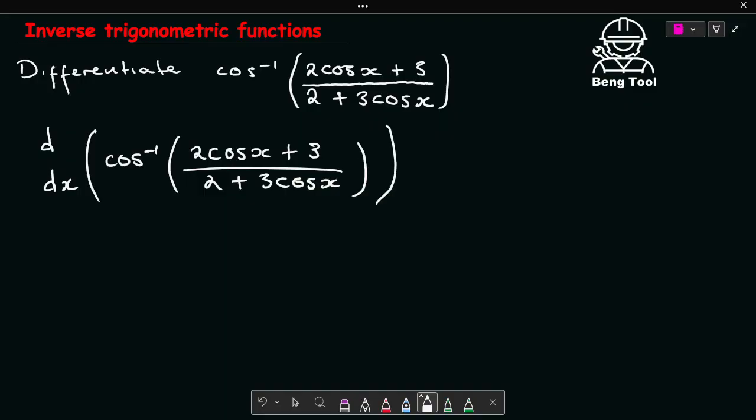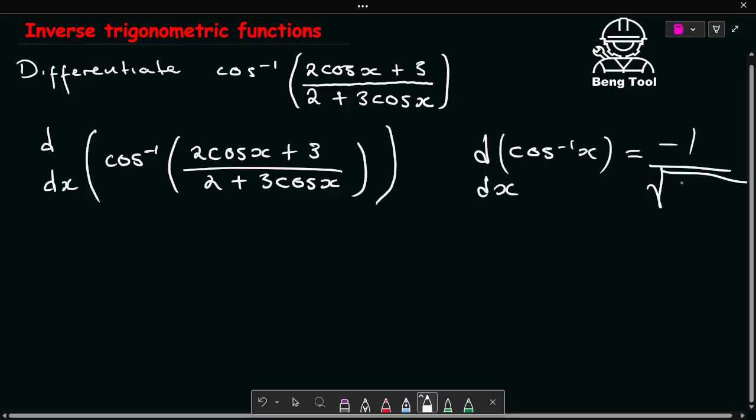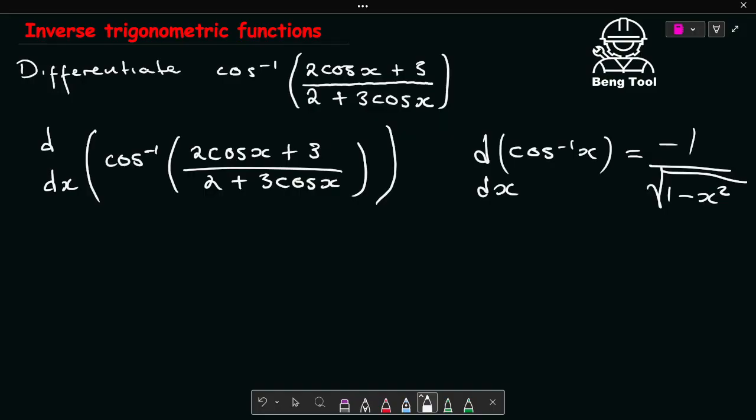This is what we are finding, and this is simply coming from cos inverse of x. The differential of this is equal to negative 1 over the square root of 1 minus x squared. This is basically where it's coming from.